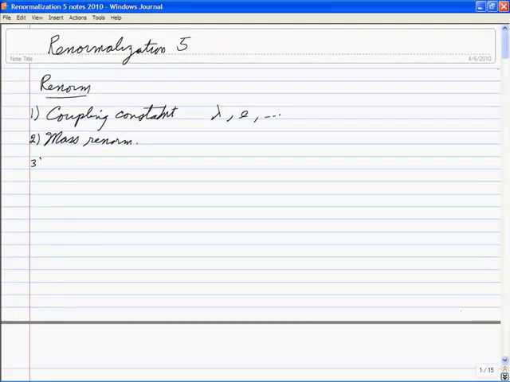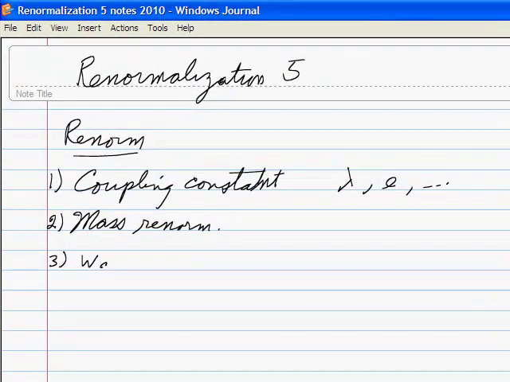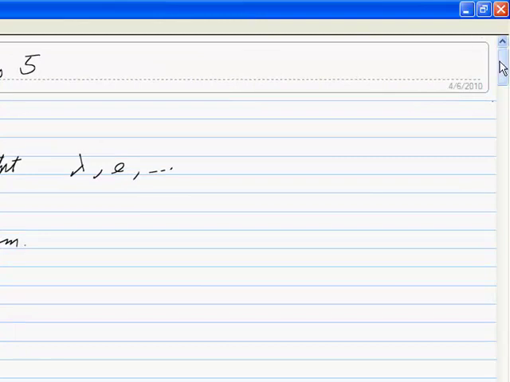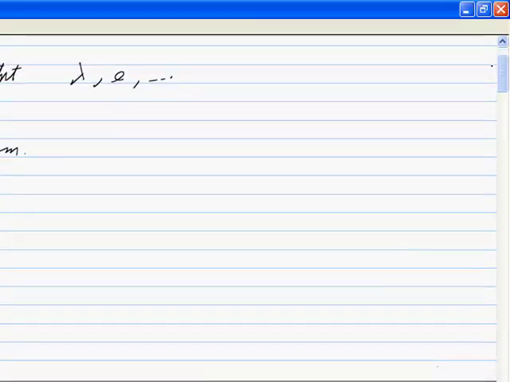And the third one, which we also do today, is wavefunction renormalization. Okay, that's a little bit more subtle. So it's a little bit more subtle, and we'll talk about that today too.